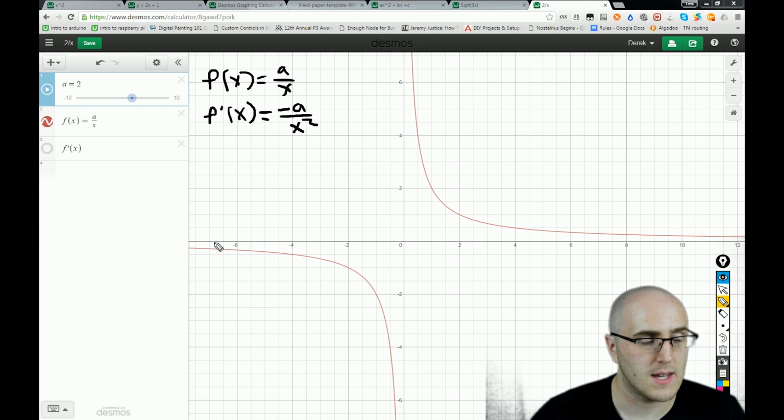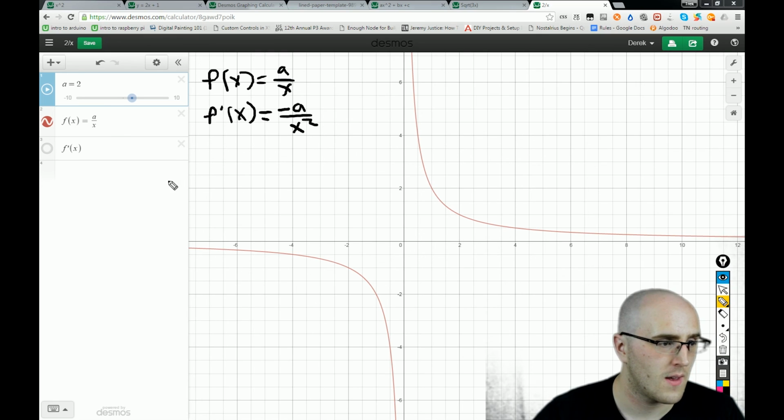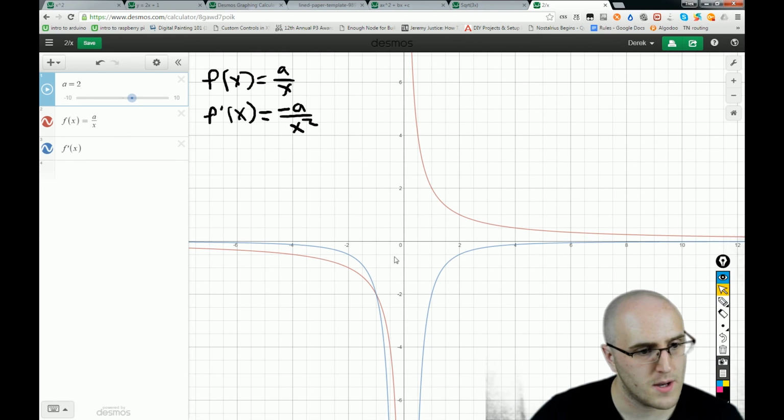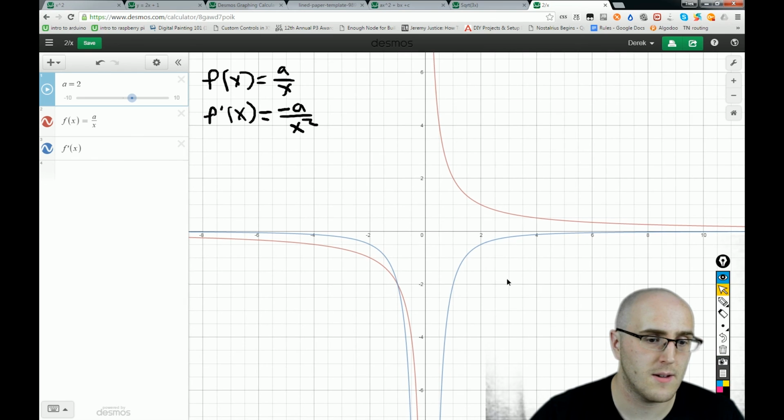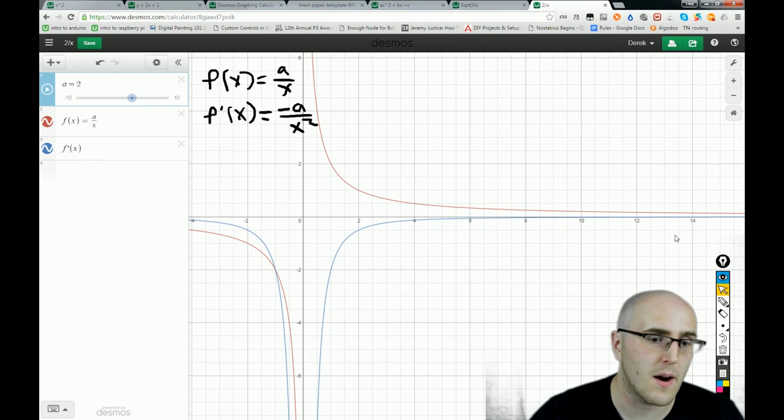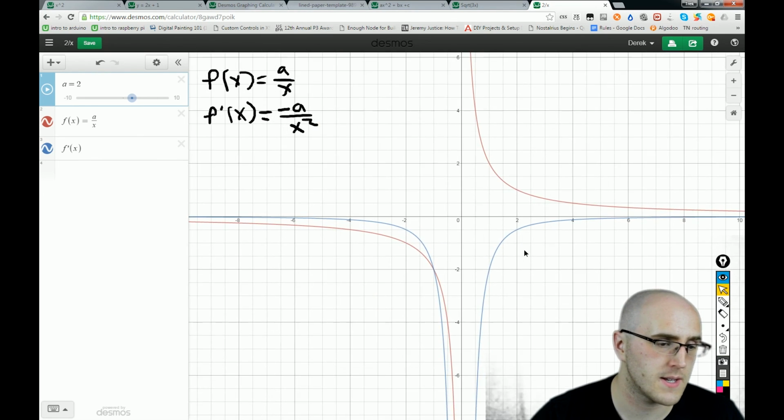It is a very slightly negative slope that eventually becomes 0, a horizontal line, in both directions. At 0, we get vertical lines. Let's turn it on and see how it looks. So, like I said, as x approaches 0, we get negative infinity on both sides, and as x goes way out, we approach 0 on both sides.